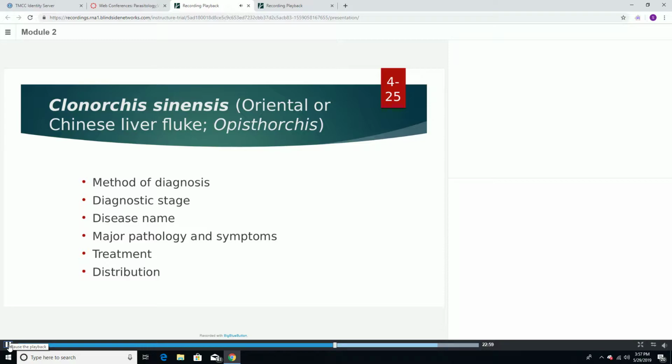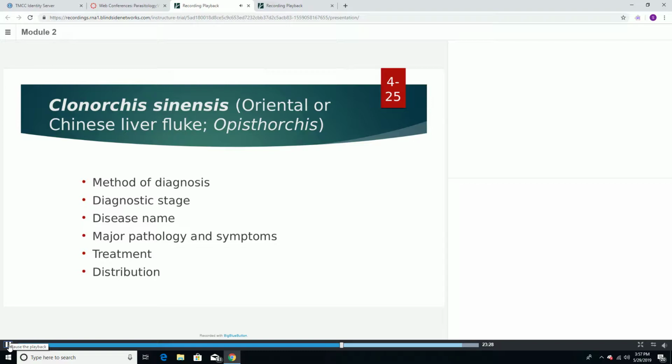Disease name is clonorchiasis. Pathology and symptoms: with light infections, patients can be asymptomatic. Other patients with heavier infection can experience jaundice from bile duct pathology. Hyperplastic changes may occur. Hepatomegaly may develop with tenderness in the right upper quadrant. Other symptoms include abdominal pain, diarrhea, and anorexia.